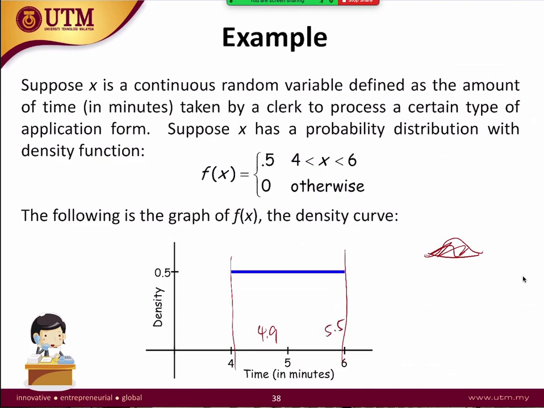The probability from 4.1 until 5.9, because it's not equal, it's between 4 to 6, is 0.5. So this is the range the clock will be able to finish.